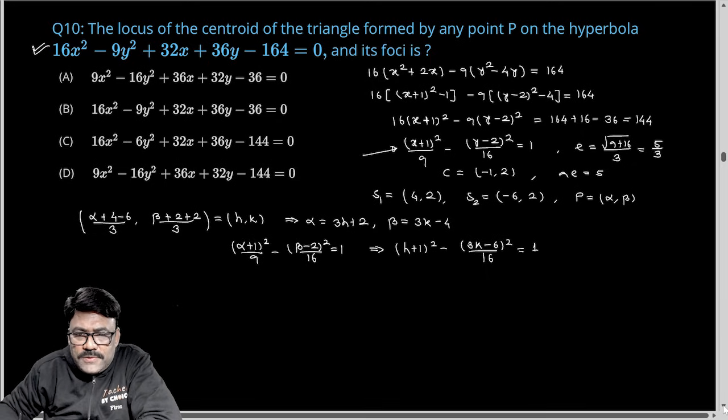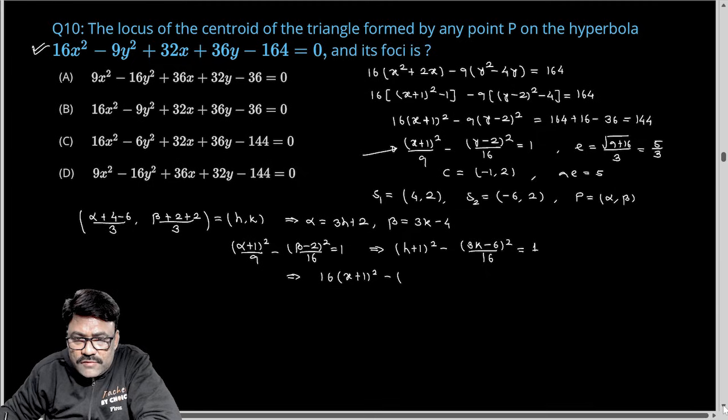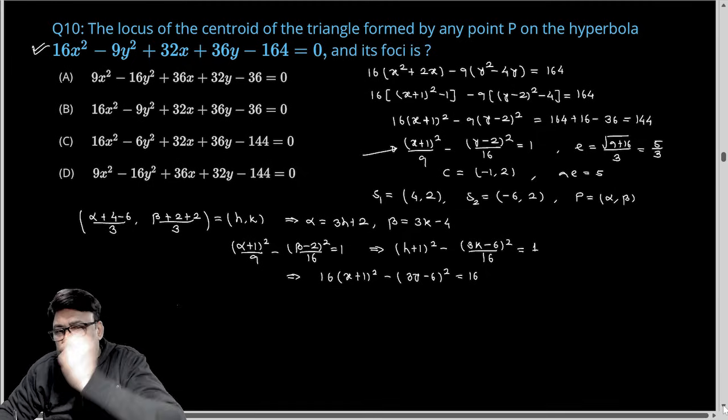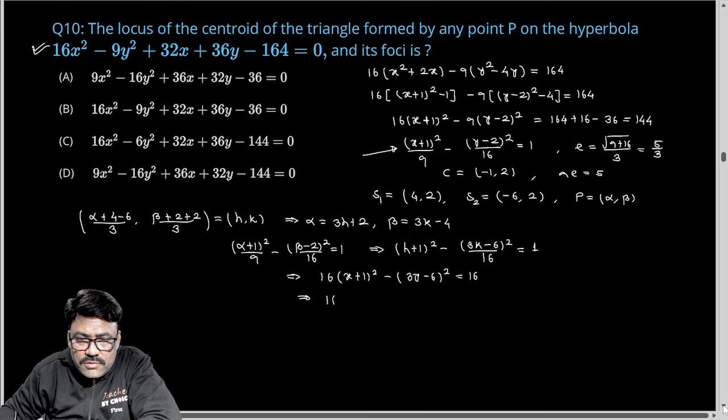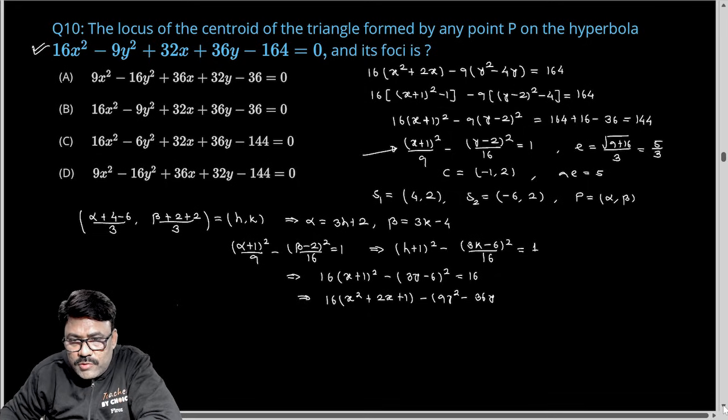So now you are getting 16 times. Now let's replace h by x, k by y to get the locus. The locus will be 16 times x plus 1 whole square minus 3y minus 6 whole square is equal to 16. This is the locus. So now you are getting 16 times x plus 1 whole square, that is 16x square plus 32x plus 16, minus 9y square plus 36y minus 36, equal to 16.